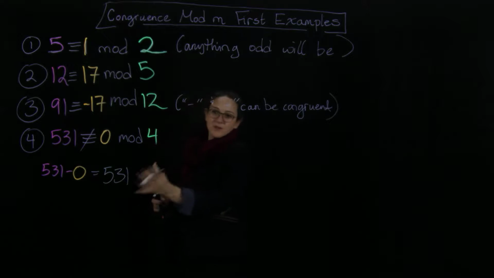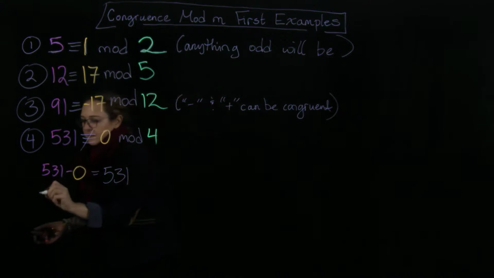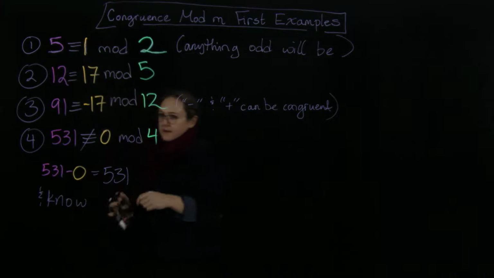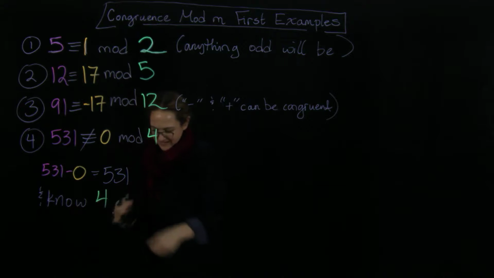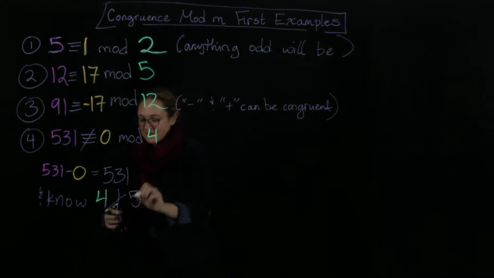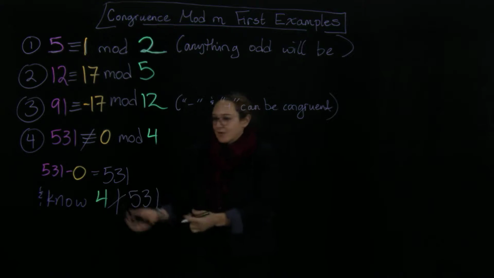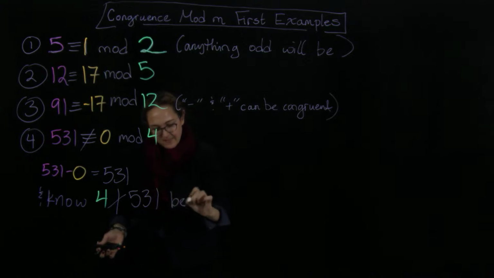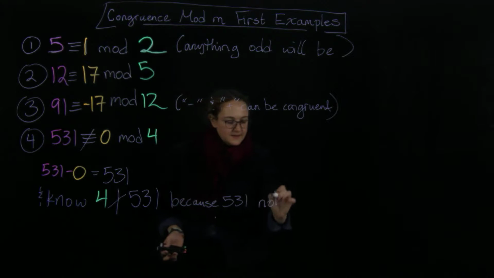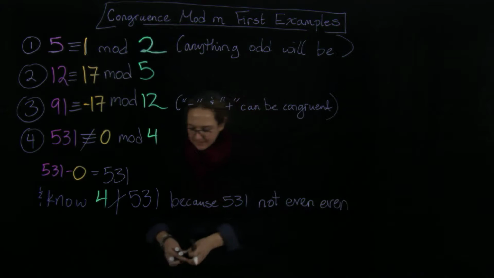And we know that 4 doesn't divide 531 because it's not even, right? So I don't need to go beyond that because 531 is not even. It's not even divisible by 2, so it definitely can't be divisible by 4.